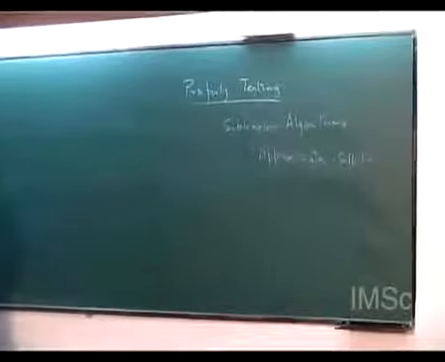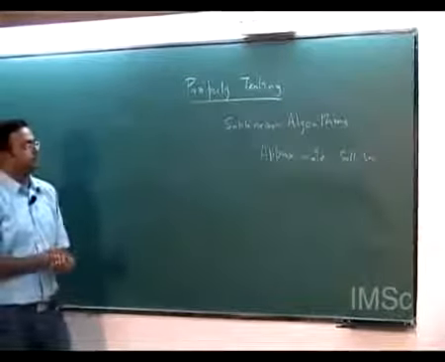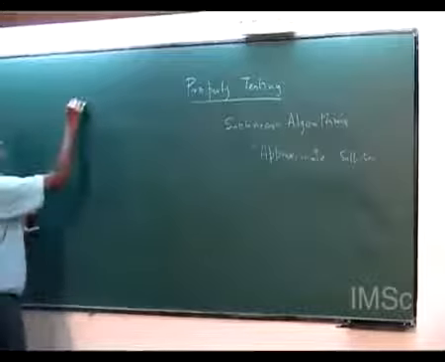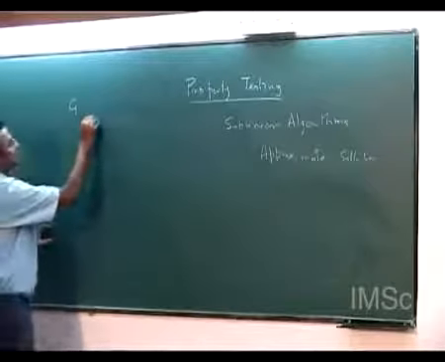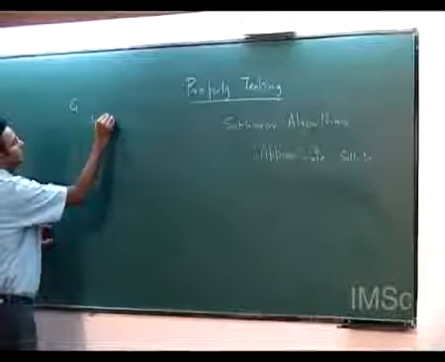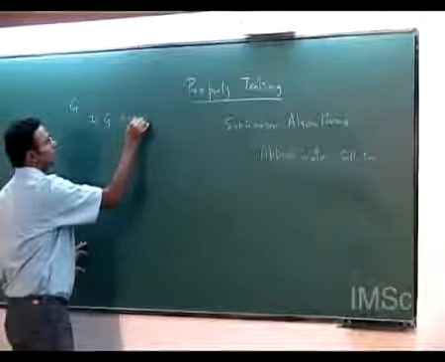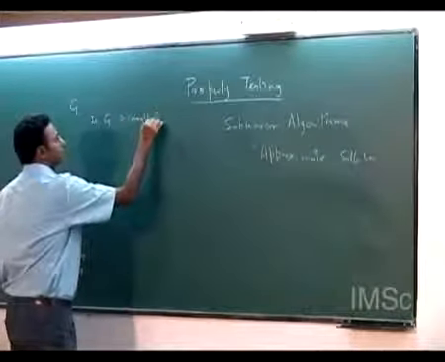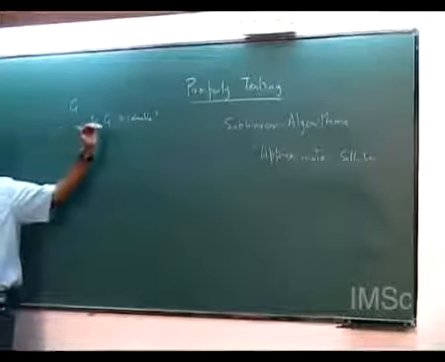So, let us take a small example. Say we have been given a graph G, and now we have been asked the question: is G 3 colorable? This is a problem that most of us have seen, correct?